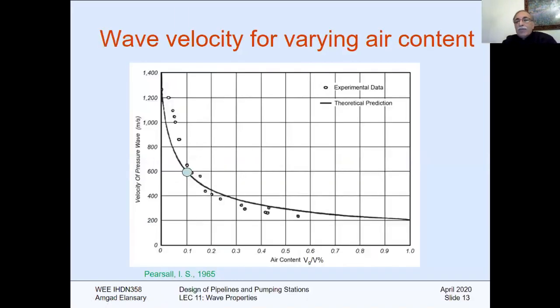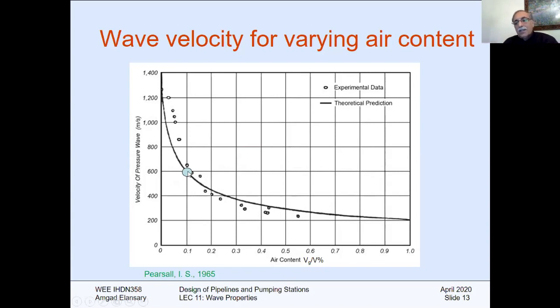Again, we have to mention that the wave velocity for varying air content changes dramatically with the presence of air bubbles. If we divide the volume of gas by the total volume of the liquid, as a percentage, it means here, for example, if we take 0.1% air content, you will find that the wave speed, instead of about 1200 meters per second, will reach 600 meters per second.